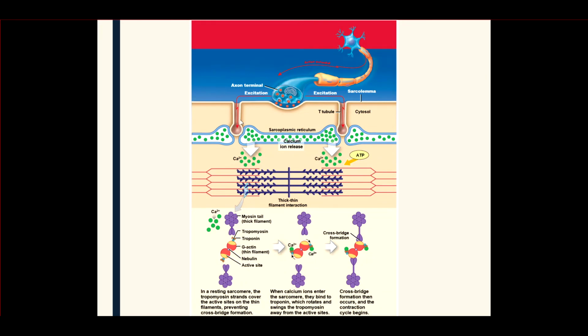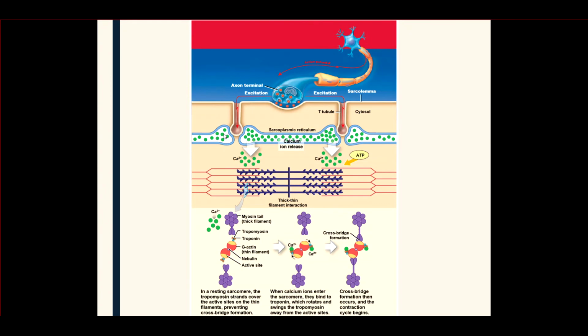So next to the T-tubule here, this big structure is the sarcoplasmic reticulum, and we know that it stores calcium. These green circles here, these balls, are going to represent calcium, and notice they're stored in the SR. We also saw that there was a swelling of the SR on either side of the T-tubule.